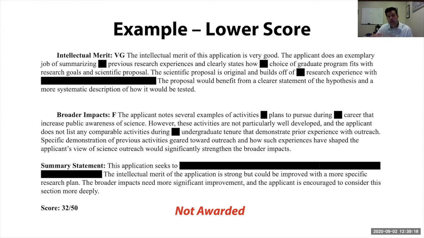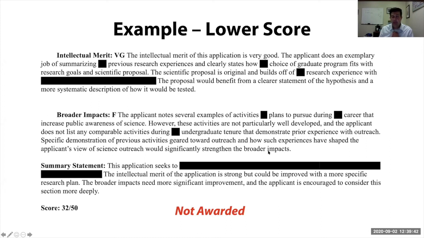In other words, they're proposing to do a few things, but there's no confidence they'll carry forward with that because they haven't demonstrated any experience doing these activities in the past. Specific demonstration of previous activities geared toward outreach and how such experiences have shaped the applicant's view of science outreach would significantly strengthen the broader impacts.